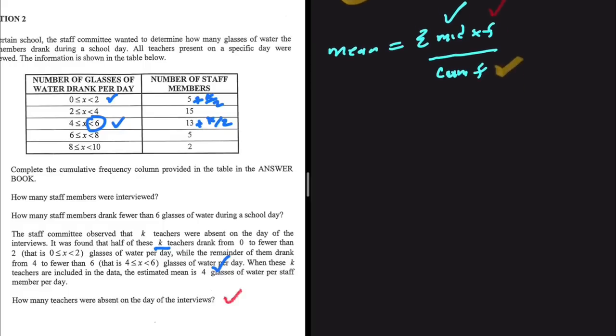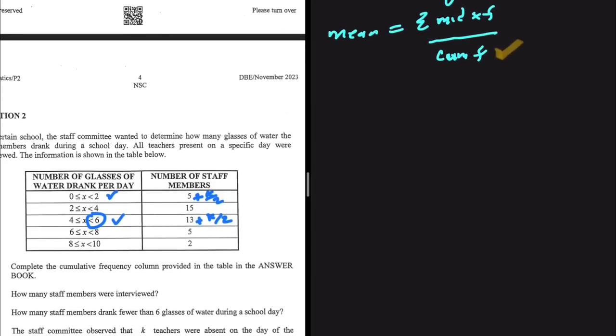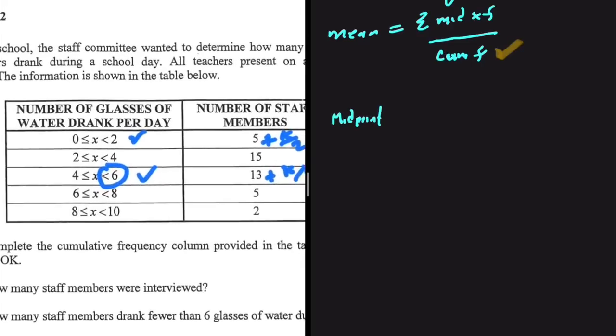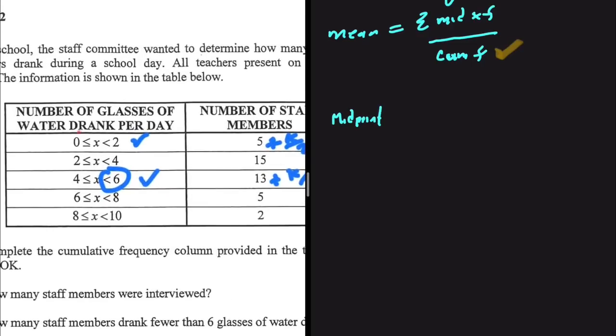Let me show you what I'm talking about. The first step is to find the midpoint. What is the midpoint of 0 to 2? That is 1. The midpoint of 2 to 4 is 3. That of 4 to 6 is 5. Of 6 to 8 is 7. Of 8 to 10 is 9. So that is the midpoint.